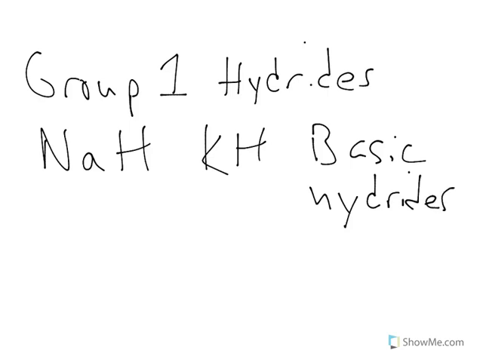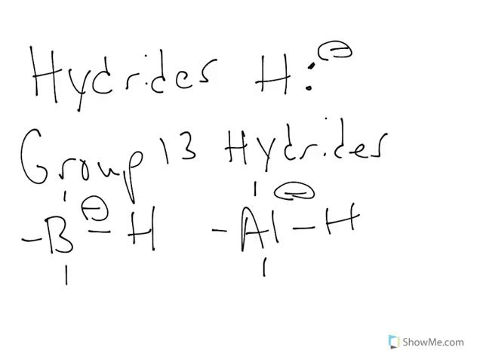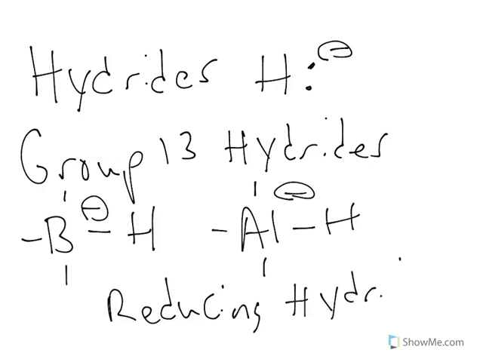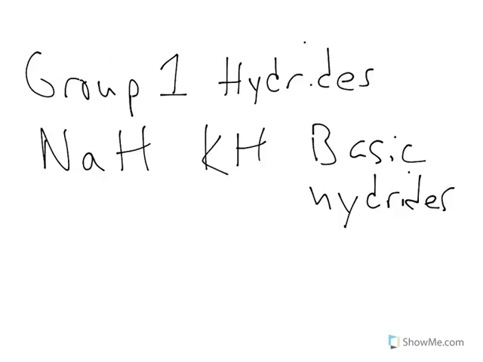So these are going to be a Bronsted base in this case, whereas the group 13 hydrides, which we talked about here, these are going to be reducing hydrides. And these will be the ones we use in reductions of aldehydes and ketones.